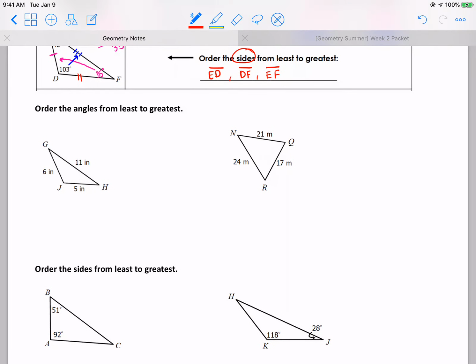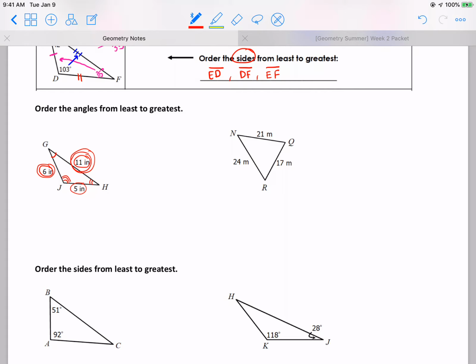Let's do a few examples. Order the angles from the least to greatest. So they gave us sides. Now I'm just going to check the opposite to find what's 1 curve mark, 2 curve marks, and 3 curve marks. Smallest is here. So opposite from it would be 1 curve mark. This is the second. So opposite from it would be 2. This one's 3. So opposite from it would be 3.